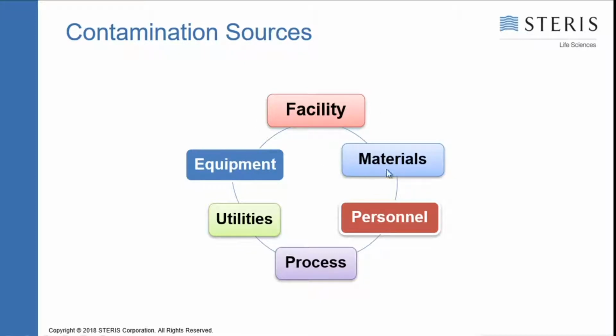It can come from the materials you're using in the clean room and how those are passed through. So materials such as bags, intervention equipment, boxes, carts, cartwheels, those can all be potential sources of bioburden contamination. And they typically account for about 10 to 15% of the contamination.